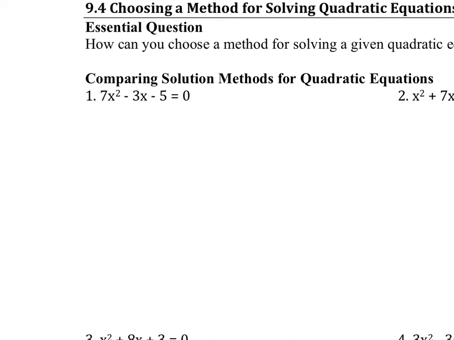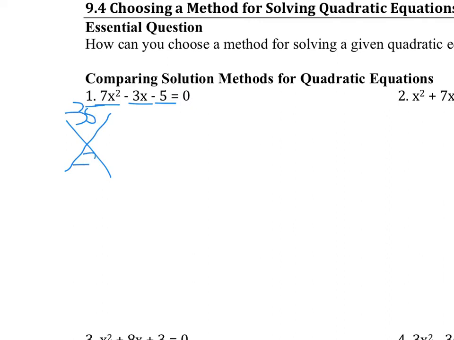So personally, I always try to start with factoring unless some other things are present. So when I see a trinomial, so 3 terms, 7x squared minus 3x minus 5, I want to try to factor. So I do my x. 7 times negative 5 is a negative 35.